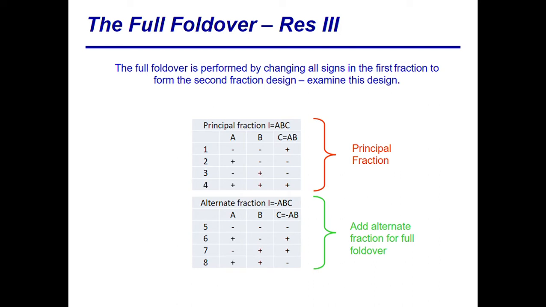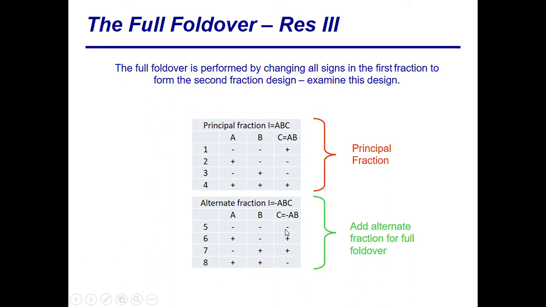Okay, here is a full foldover of a resolution 3. So we have our little 2 to the 3 minus 1 semi-useless design. And you can see if I equals ABC, minus plus minus plus, minus minus plus plus, and then we just have the product, okay? Down here, the second fraction, the alternate fraction, we're just using I equals minus ABC.